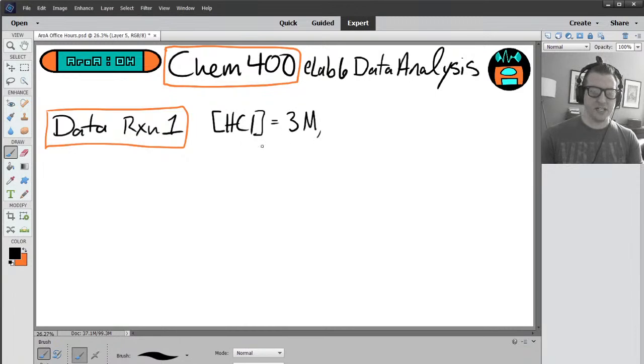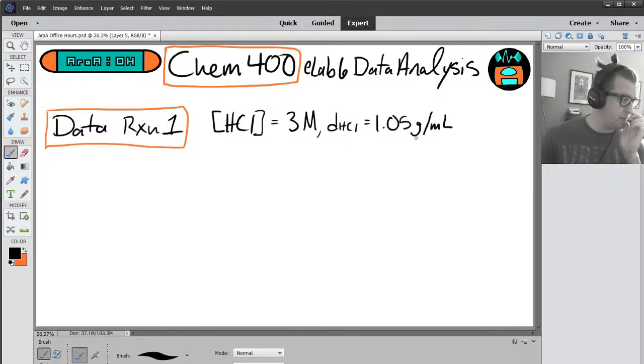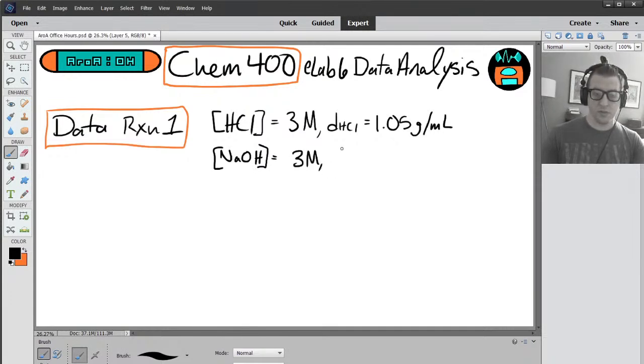My density of HCl is 1.05 grams per milliliter. My concentration of sodium hydroxide is also 3 molar. My density of sodium hydroxide is 1.11 grams per mL.